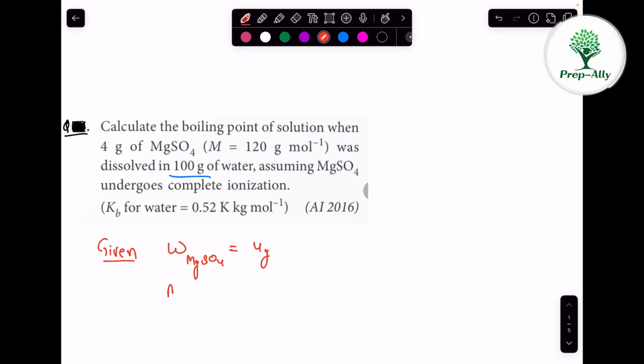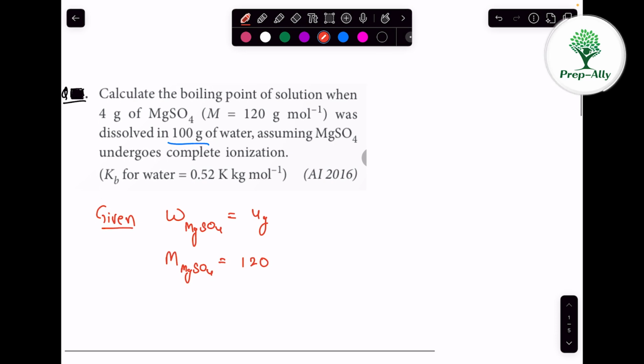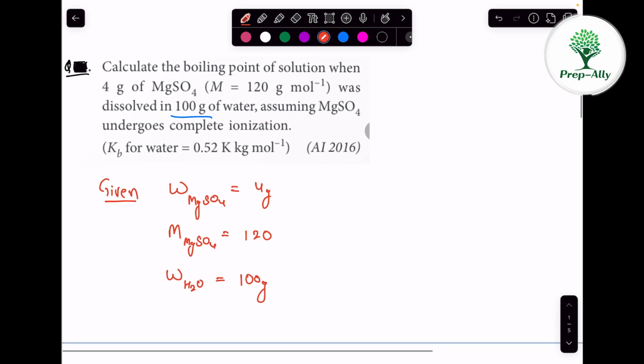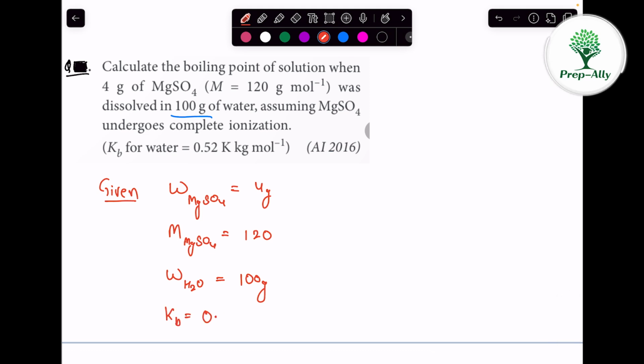Along with weight, we can write the molar mass of MgSO4, which is 120 gram per mole. Then dissolved in 100 gram of water, so the mass of water is 100 gram, and Kb is also there, the molal elevation constant, that is 0.52 Kelvin kg per mole.